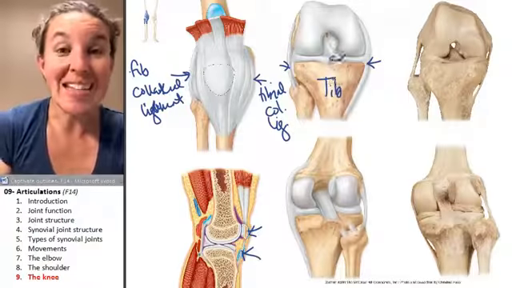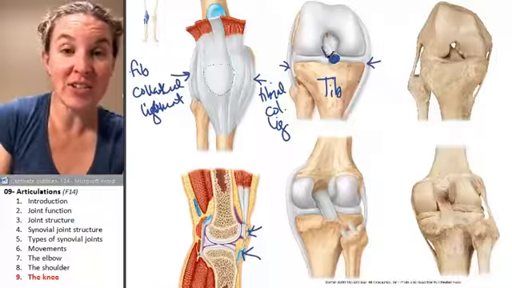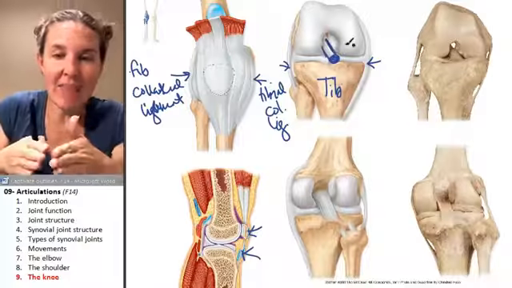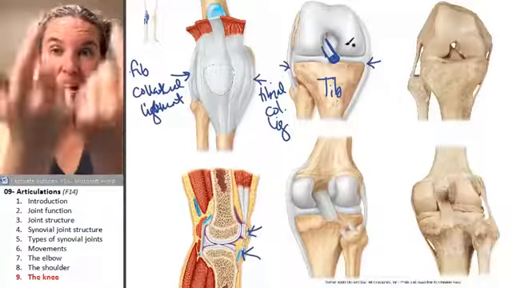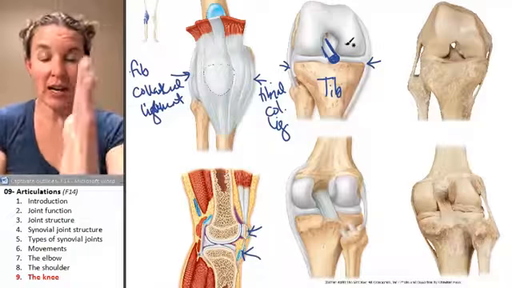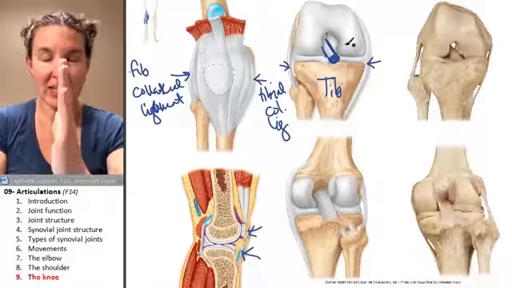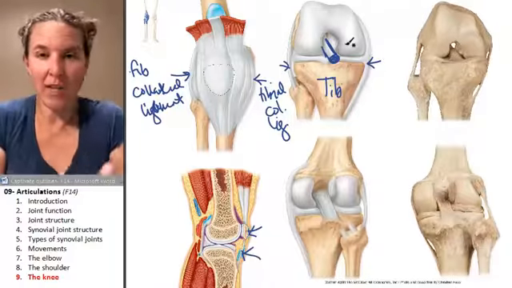And the anterior cruciate ligament attaches to the anterior side of the tibia and then crosses posteriorly and attaches to the posterior side of the femur in kind of a middle plane, in a sagittal plane on the knee.